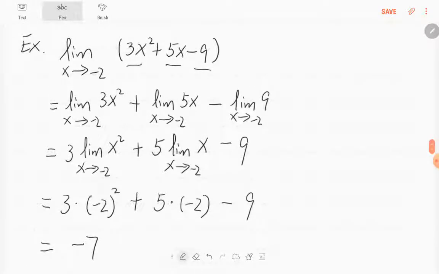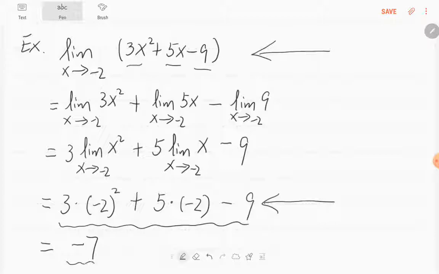You can see that the first example is the limit of a polynomial, right? Let's compare this one and this one. For the limit of a polynomial, you just plug in x equals -2. You will get this one, right? Then you have your result easily.